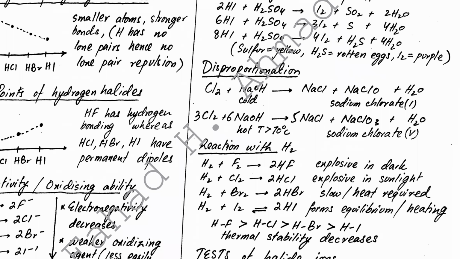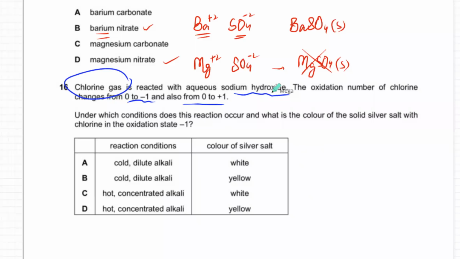Now, if I go back to the question, it says that chlorine changes from 0 to +1, so it's probably the cold one. If you react NaOH with Cl2 in cold, it will form NaCl and NaClO and H2O.